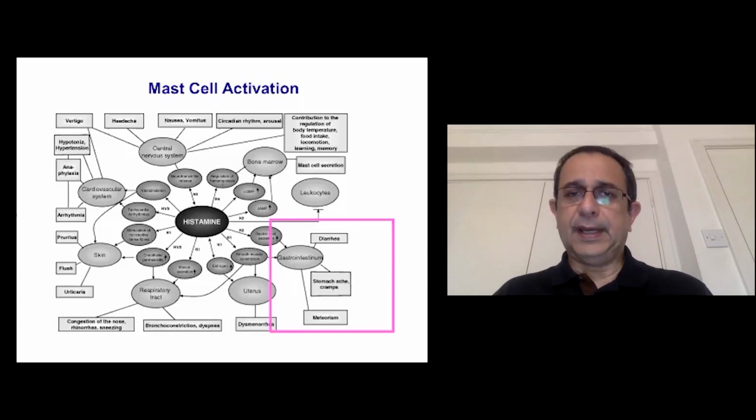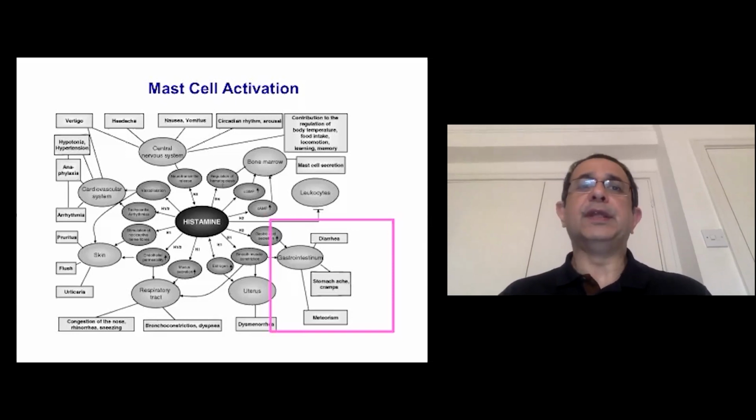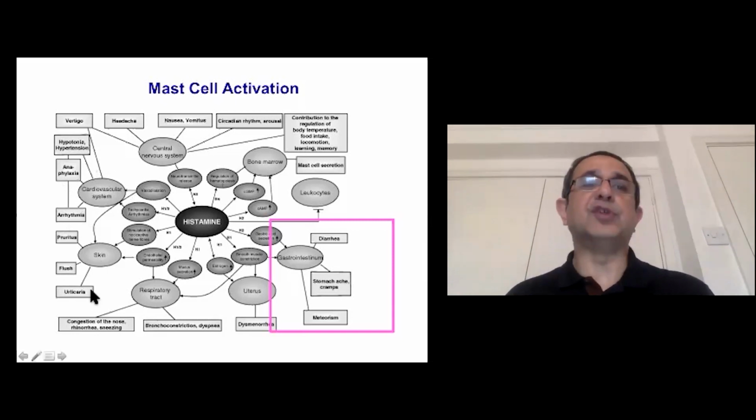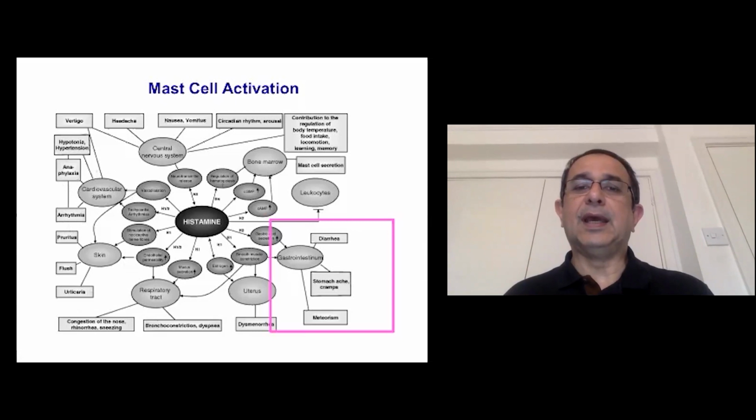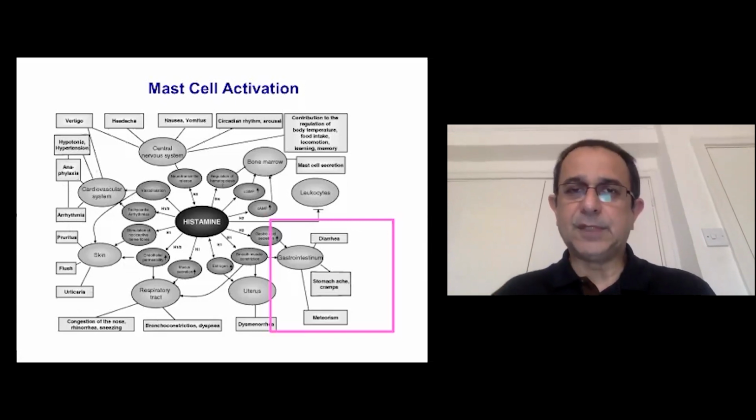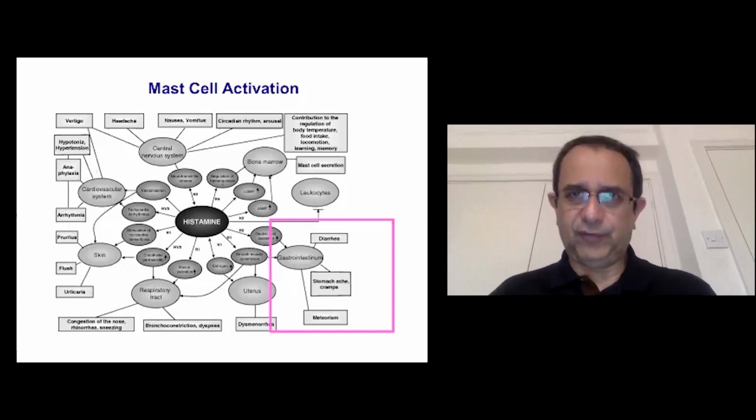Quite often, and this is something that I look out for, they have other associated symptoms, particularly cardiovascular symptoms, where they describe flushing, tachycardias, palpitations. They can sometimes develop flushing of the skin and sweating, etc. as well. And if I see those symptoms, then I think of mast cell activation disorder.